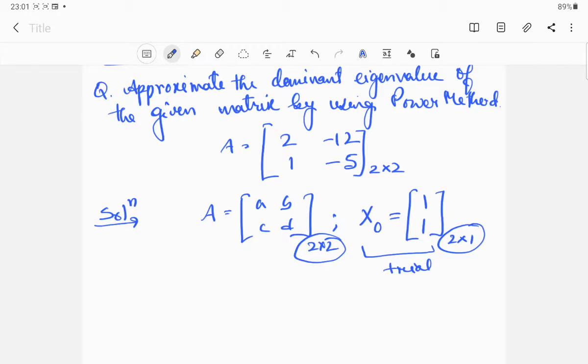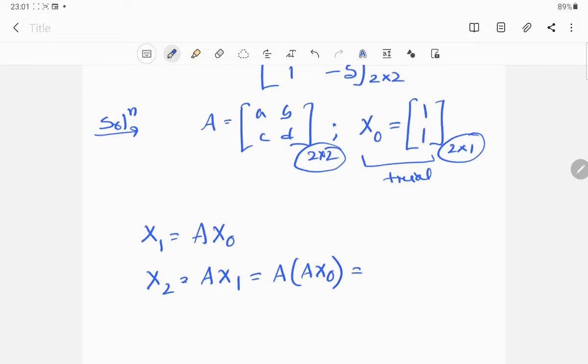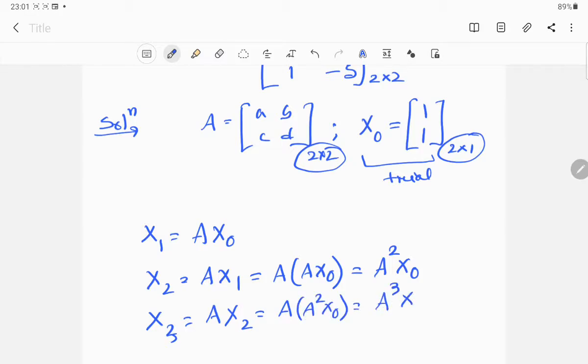Next, x1 will be A x naught. Then x2 is A x1, which is A squared x naught. Similarly, x3 is A x2, which is A cube x naught.